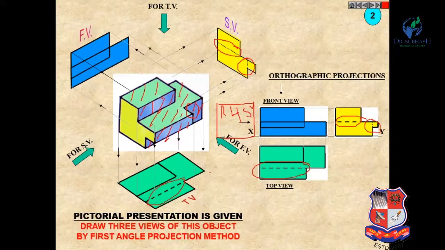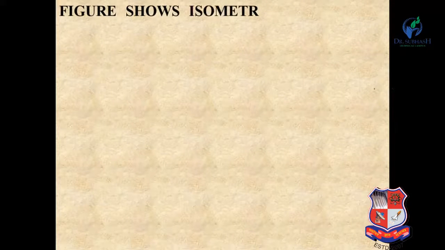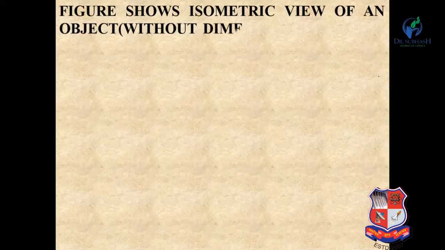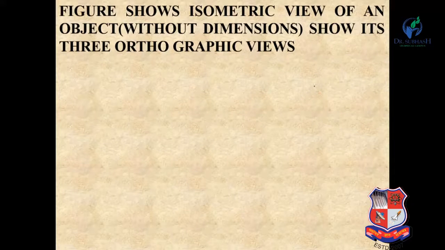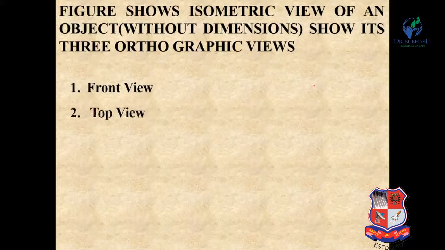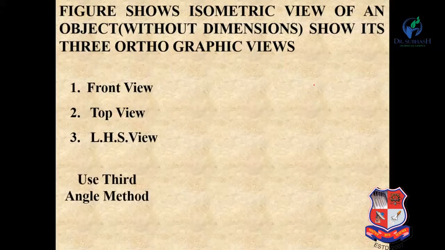Now let us see one more example for the third angle projection method. Figure shows the isometric view of an object without dimensions. Draw its three orthographic views: front view, top view and left hand side view. Use third angle projection method.